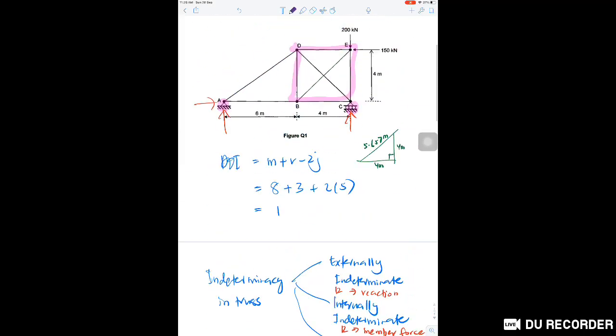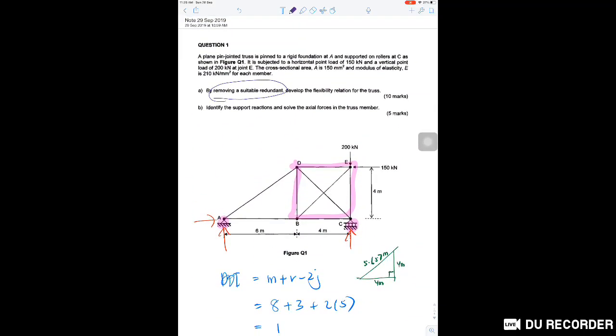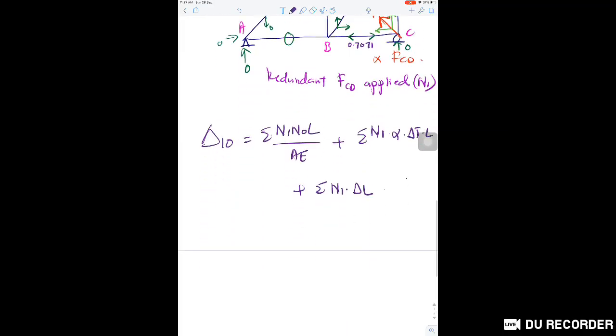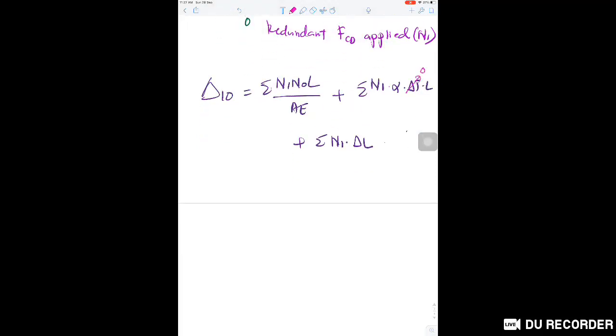Okay, but for this question, there is no effect of temperature changes and fabrication error. When there is no effect of temperature changes and fabrication error, delta T is equal to 0, delta L is equal to 0. So we only consider external loading. This is external loading, right?